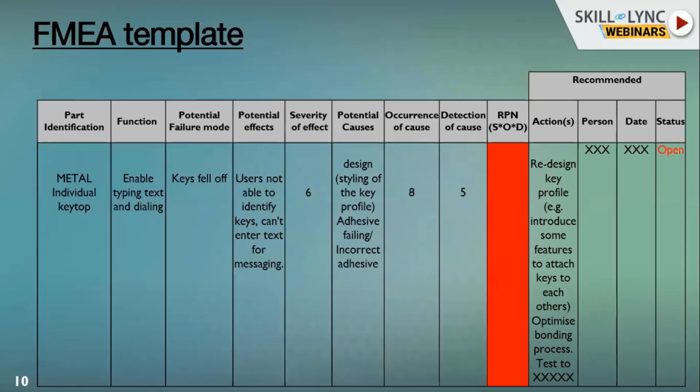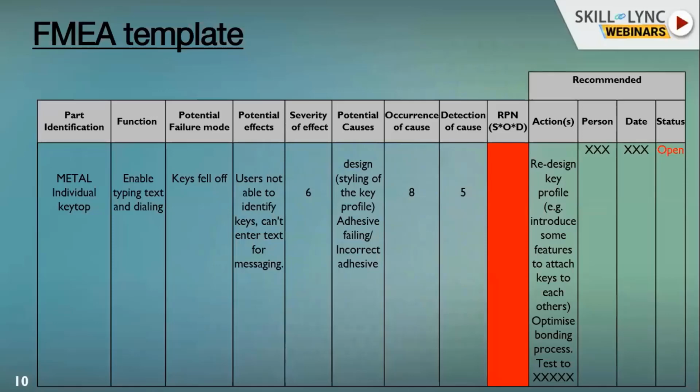So you can list all the causes in the same column, or some standards want the causes in different places, because when you are looking at the occurrence of causes, different causes have different probability of occurrence.